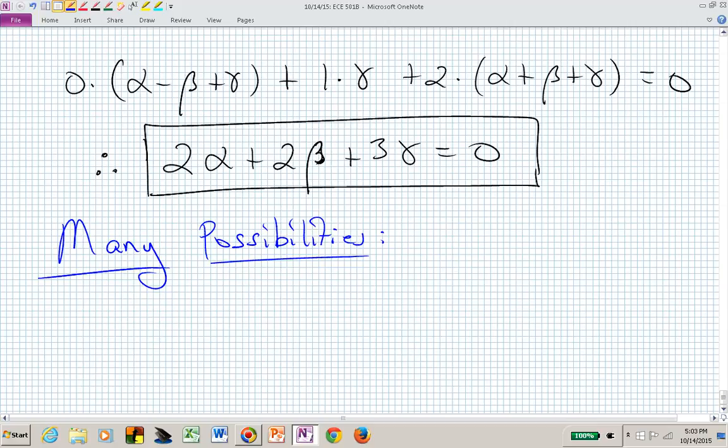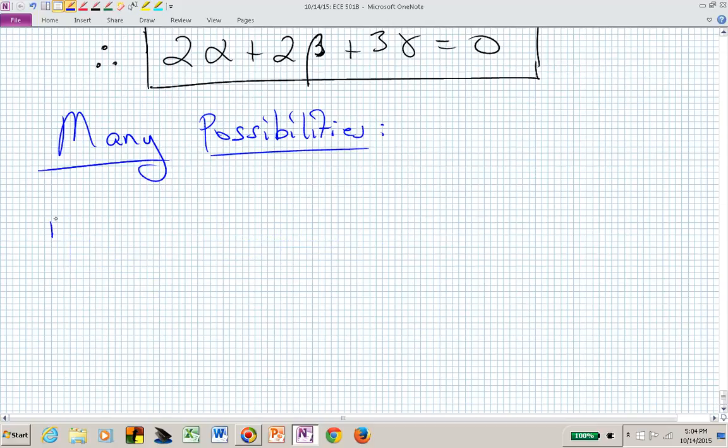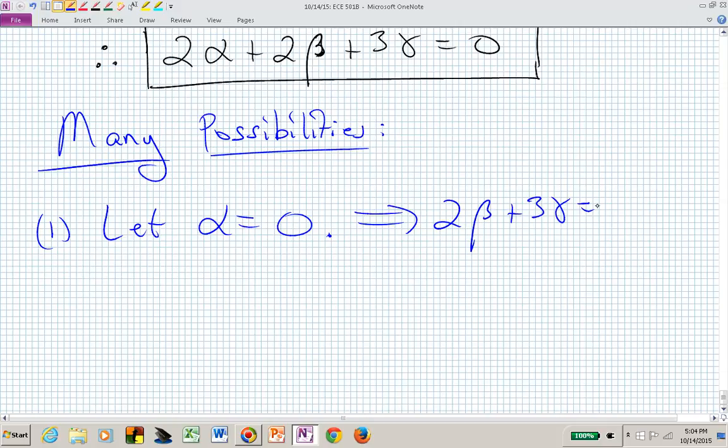Suppose that first we let alpha equal 0. Let's just see if we can get rid of the t squared in W. Now that boxed equation says that we need 2 beta plus 3 gamma to equal 0.